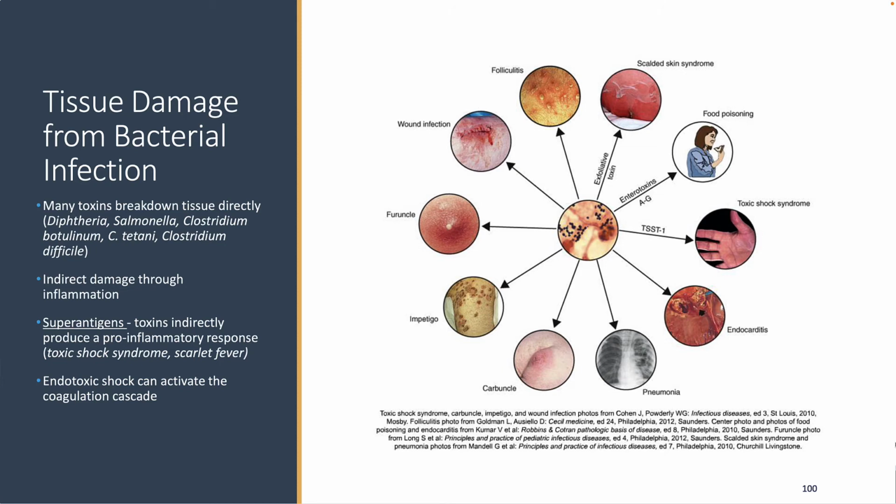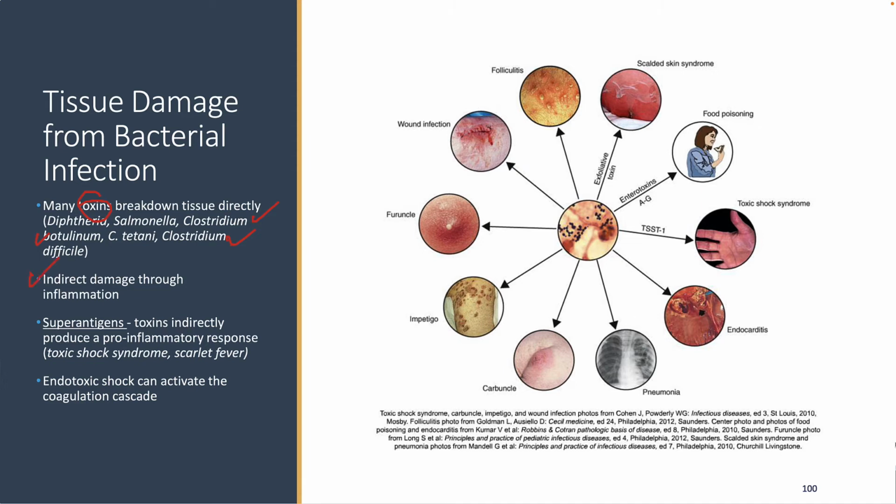There are specific tissue damages that can happen from bacterial infection. And so we know about some of these toxins that happen, like with Clostridium botulinum, Clostridium difficile. These toxins can produce well-known effects that we're familiar with. Indirect damage can happen through inflammation, right?